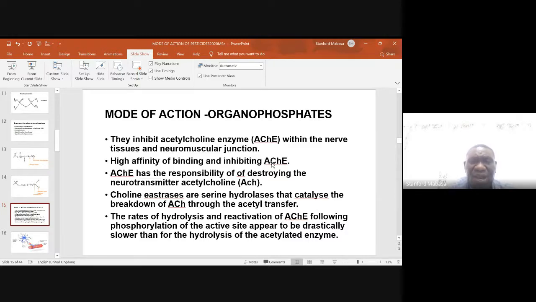But without the pesticide, the normal combination of acetylcholine enzyme and the neurotransmitter acetylcholine would usually break down via hydrolysis. And this will enable acetylcholine to carry out its function, because once it has transmitted a signal, it needs to be broken down.